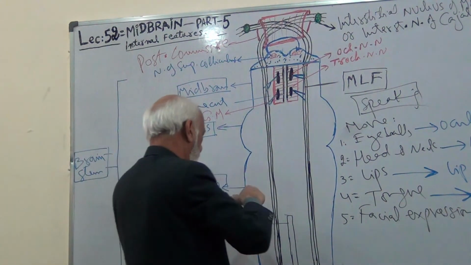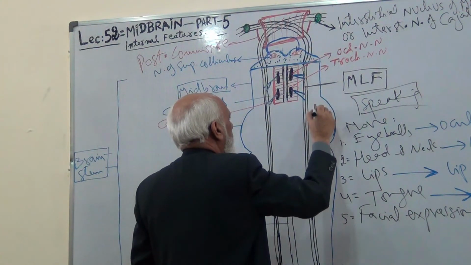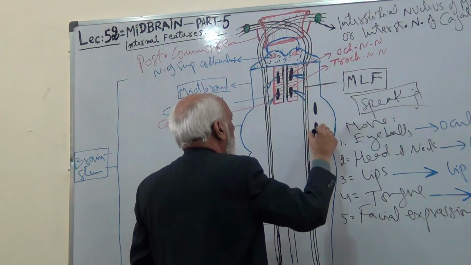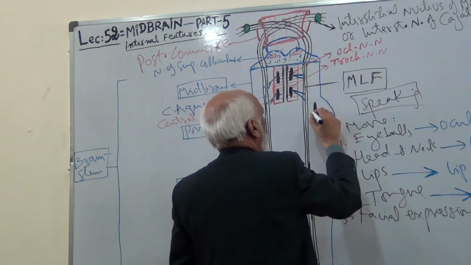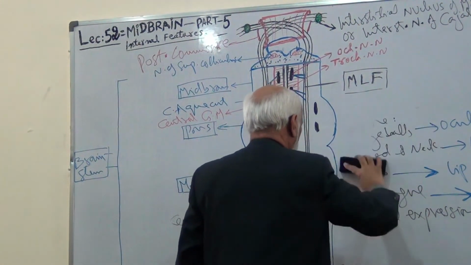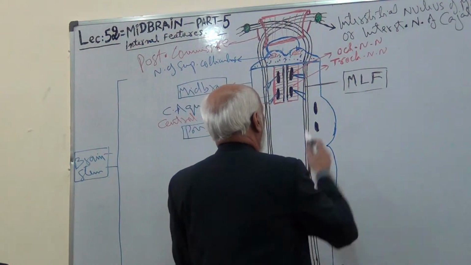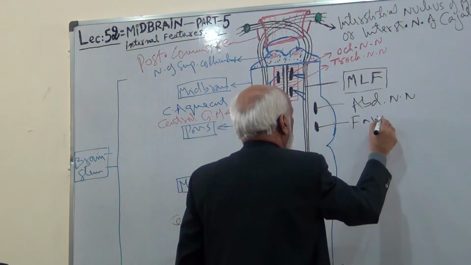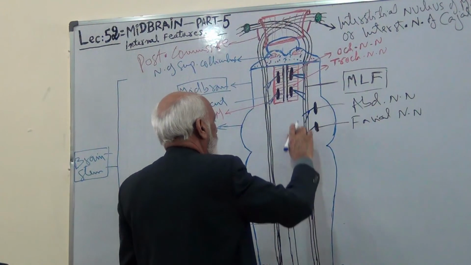Then in the pons, under the facial colliculus, this is abducens nerve nucleus, then facial nerve nucleus in the pons, and their emerging fibers join the medial longitudinal fasciculus.